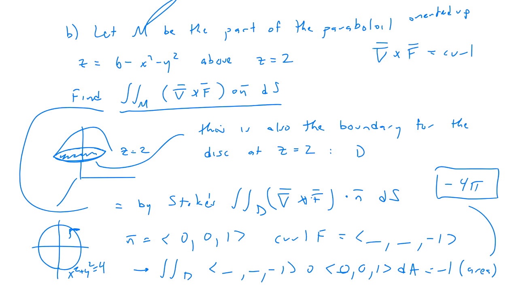So this part B, in this class, is the way that we usually use Stokes' theorem. We could have also gotten the line integral of f on the boundary, the circle, but in this case you can see this way is easier.